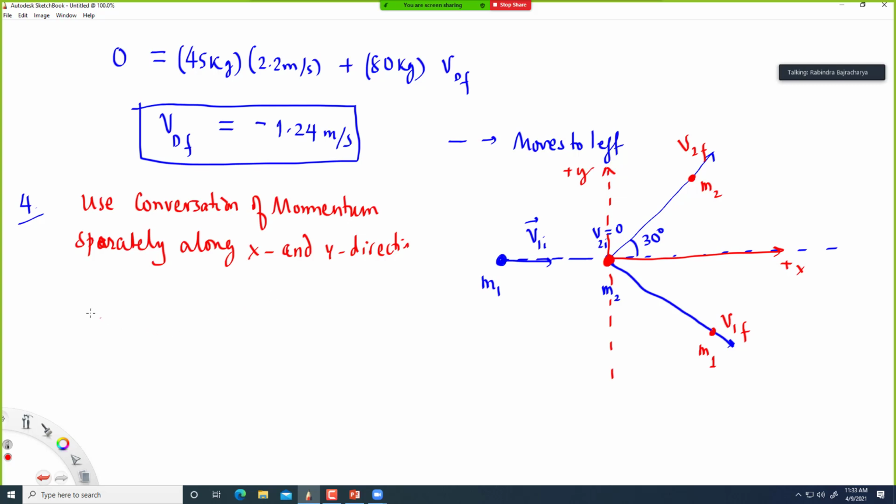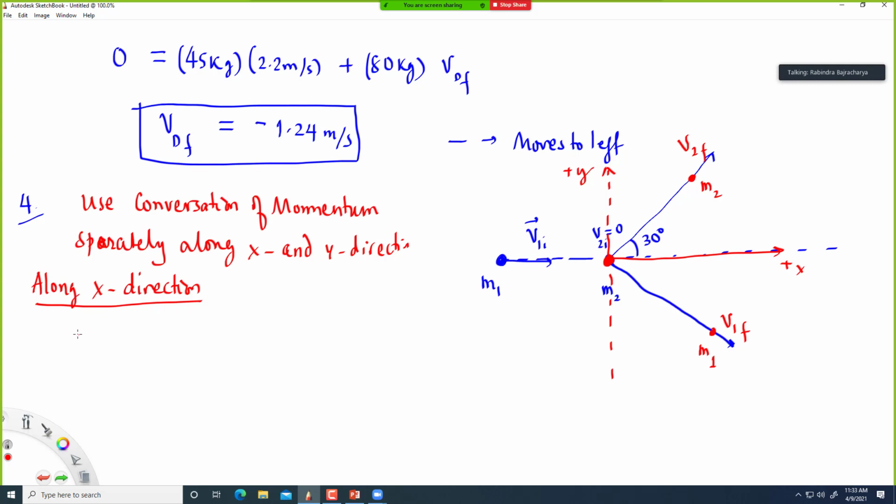So let's use conservation of momentum along x-axis. So along x direction, total momentum before collision is equal to total momentum after collision. Okay.